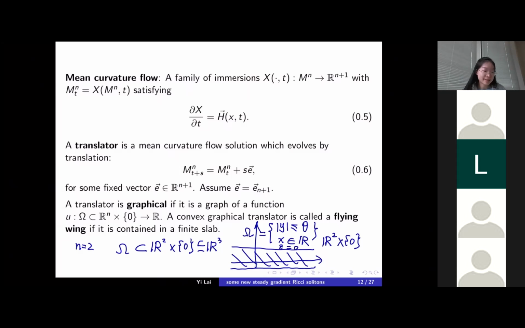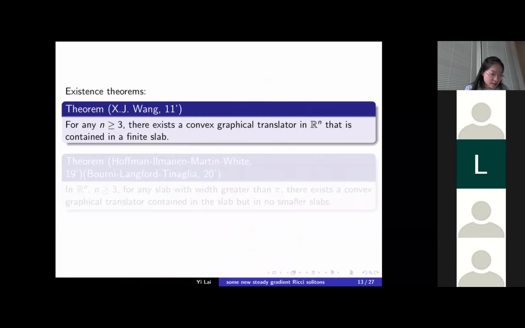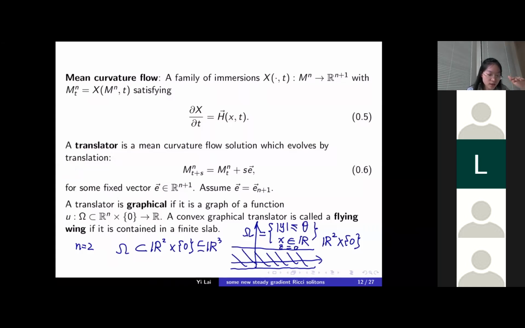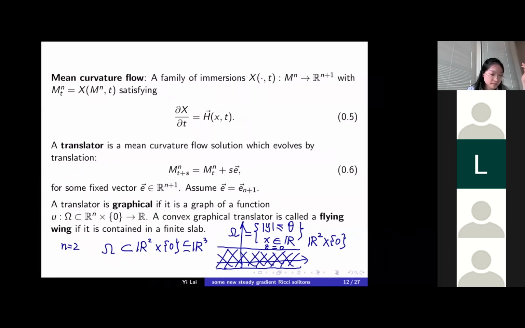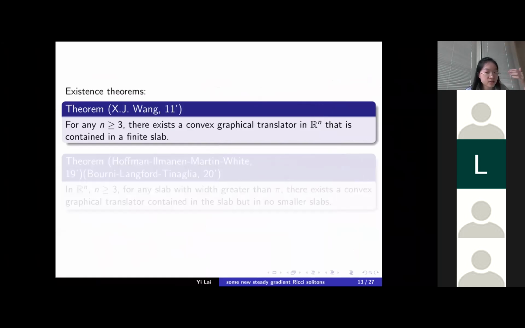Okay, thanks. So first Wang Xujia proved that you can find a flying wing whose domain is in a finite slab, like in this picture. And then this existence result was extended and completed by Hoffman, Ilmanen, and Martin White, and independently by Bourni, Langford, and Tinaglia.